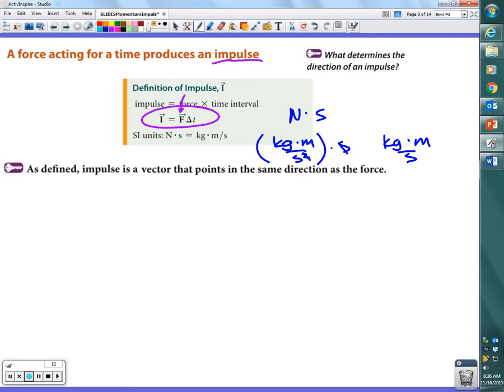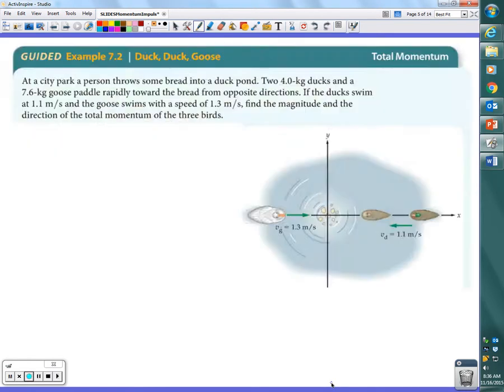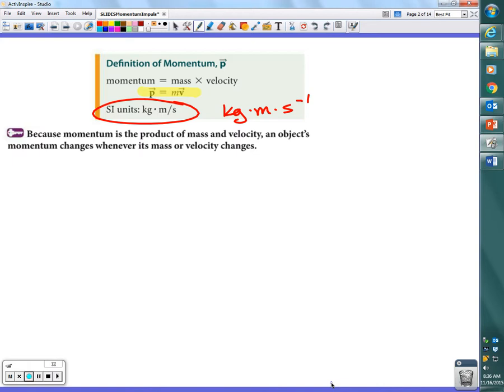But then we're left with this, which just so happens to be the unit for momentum, which is important because impulse causes a change in momentum. So just like work in joules, work in energy, they have to have the same unit because work is a change in energy. Impulse and momentum have to have the same unit because impulse is a change in that momentum.